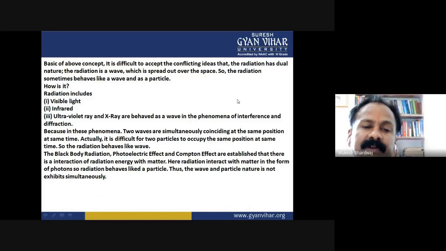The black body radiation, photoelectric effect, and Compton effect establish the interaction of radiation energy with matter. Here, radiation interacts with matter in the form of photons, so radiation behaves like a particle. Thus, the wave and particle nature are not exhibited simultaneously.